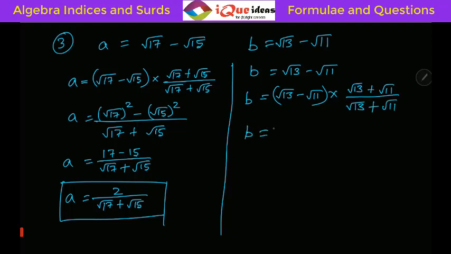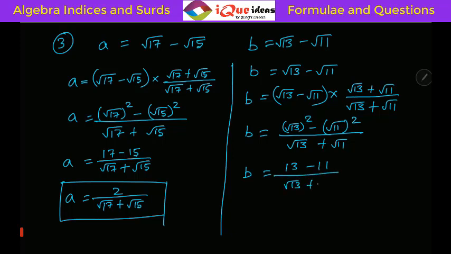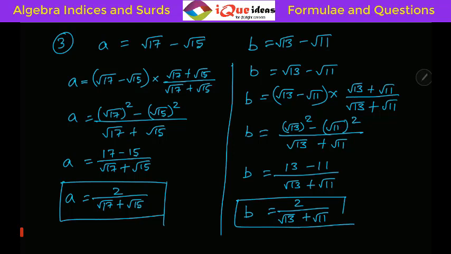We get B equal to root 13 minus root 11 into root 13 plus root 11, which will be root 13 square minus root 11 square, and in the denominator we will have root 13 plus root 11. Alright, so B is equal to root 13 square is 13, root 11 square is 11, divided by root 13 plus root 11. So here also we have 2 in the numerator and the denominator is an irrational number with a plus sign. Right? Now we have to compare A and B, and we can do that very easily.